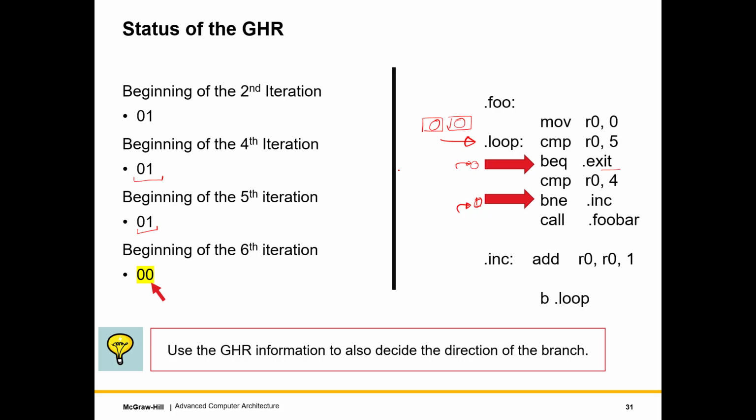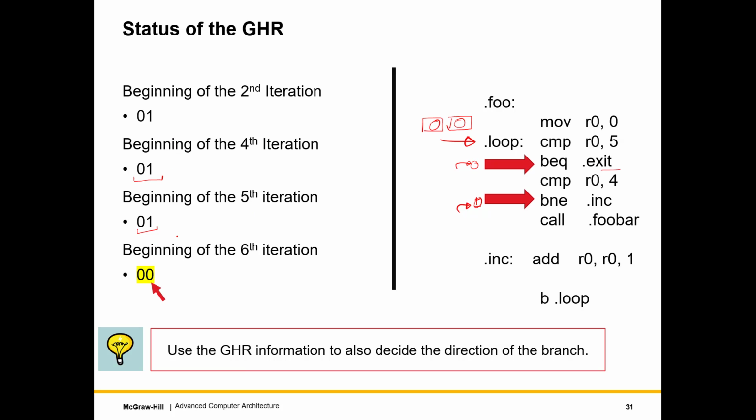So we can think of the GHR as encoding the context of a branch in terms of the outcomes of the n previous branches in the dynamic instruction sequence. At any point, we can inspect the GHR. At the beginning of the iterations second to fifth, the GHRs are all 0, 1.